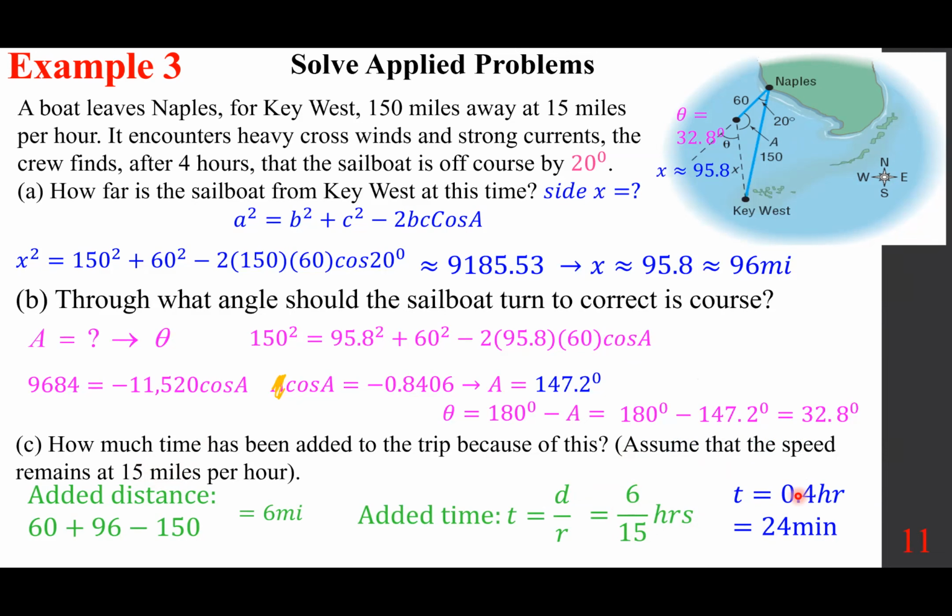Because normally we don't report like 0.4 hours, or even 6 over 15, you can put it in lowest term as 2 over 5 if you want. But we report it as minutes. That makes more sense.